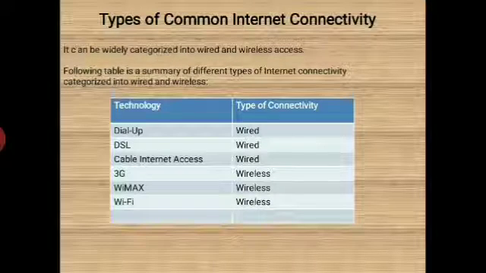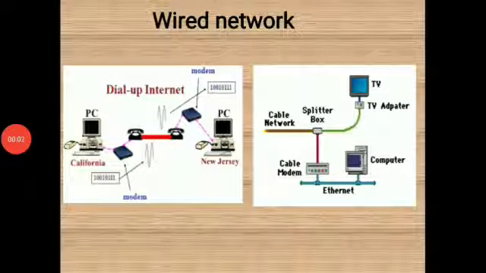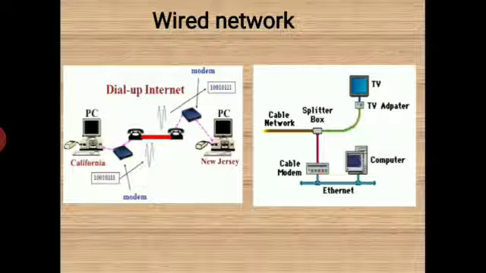There are so many different types of internet connection. As we have discussed, a dial-up internet connection is a wired network. In the same way, DSL and cable internet access are also wired networks. Dial-up internet connections are provided by BSNL and some service providers which provide landline services, whereas cable internet access is provided by the cable operator.